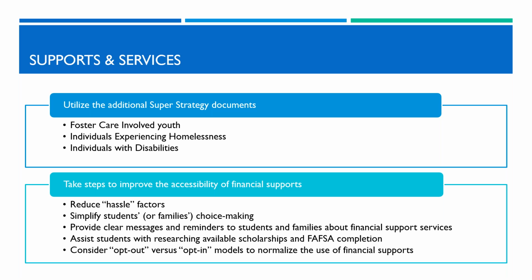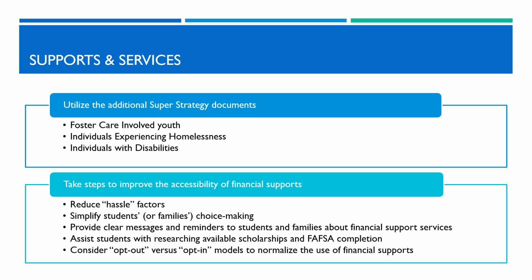And then considering opt-out versus opt-in models to really normalize the use of those financial supports. And this could be more along the lines of the post-secondary system, but being able to enroll in a program and already have that system set up in place, it sort of breaks down that stigma of having to ask.